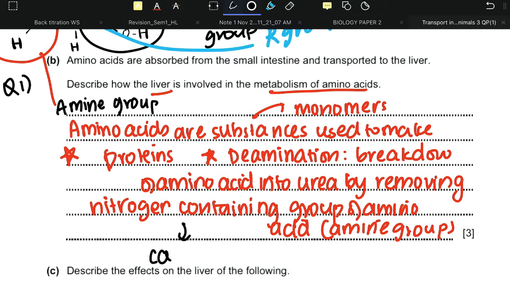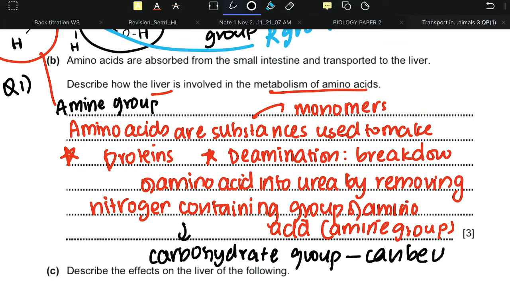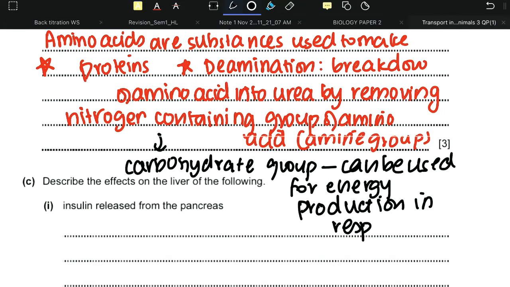Anything is fine, carboxyl group or carbohydrate group. It can be used for energy production in respiration.